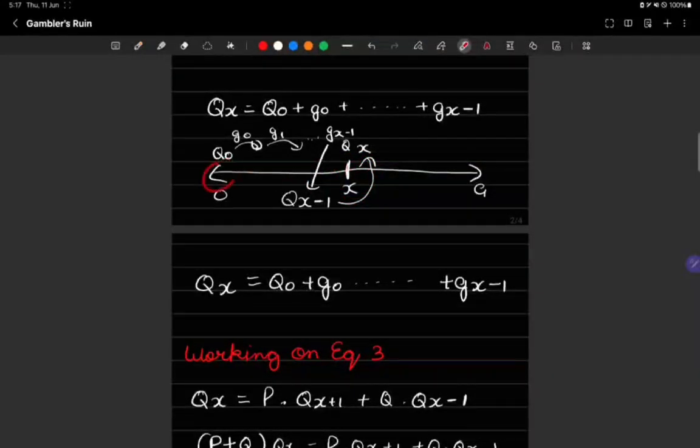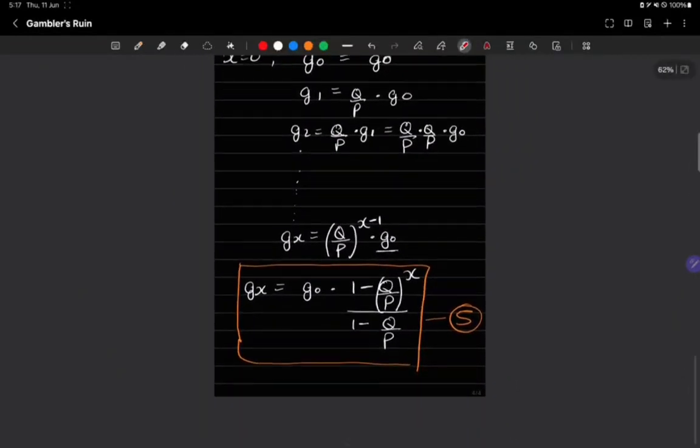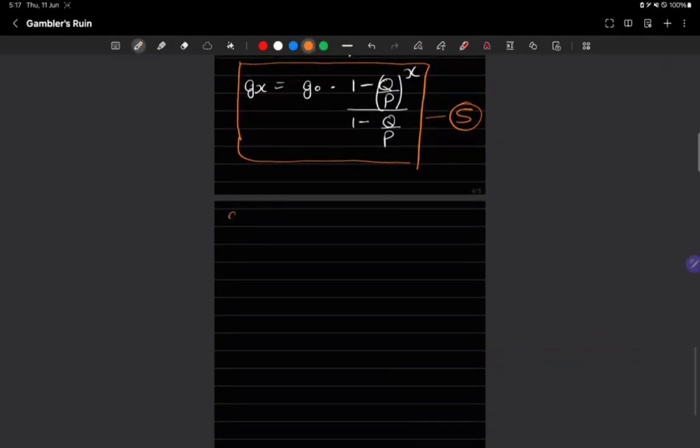In order to come from 0, there are gaps that have happened in order to get to point x. So we'll put equation 5 in q of x.